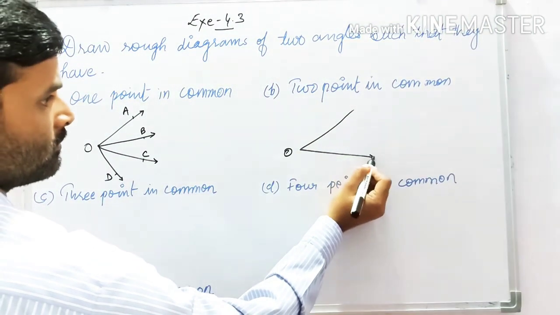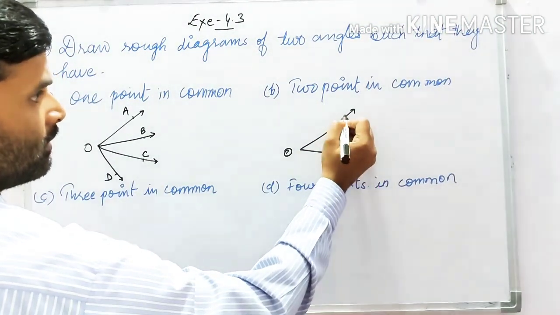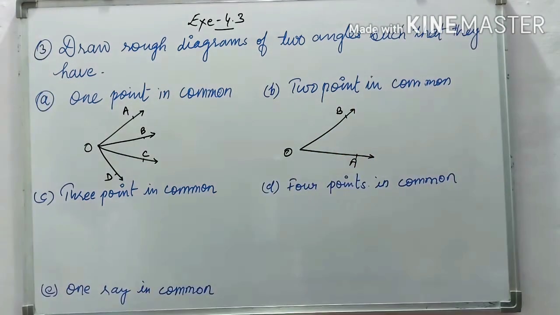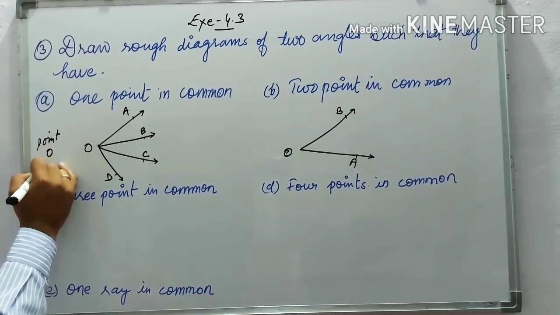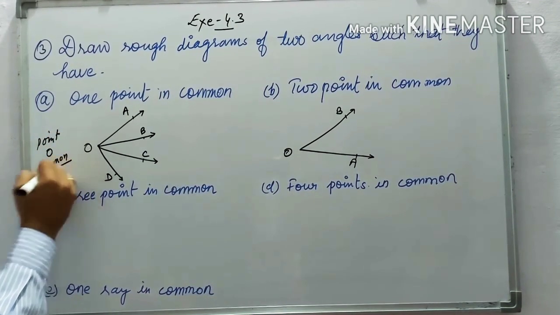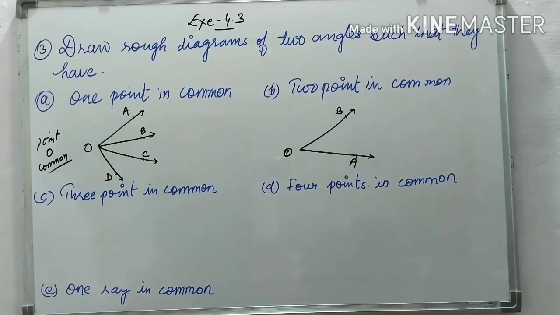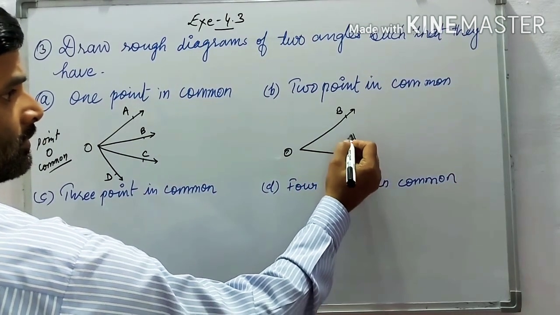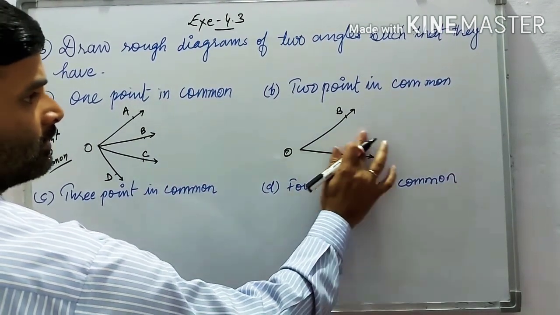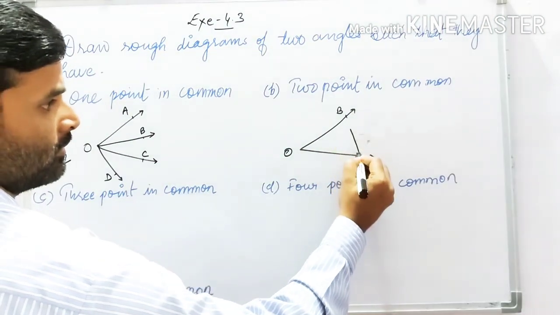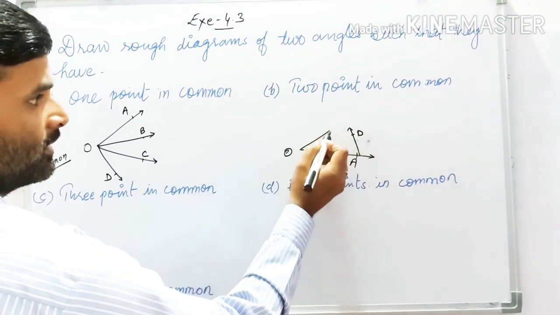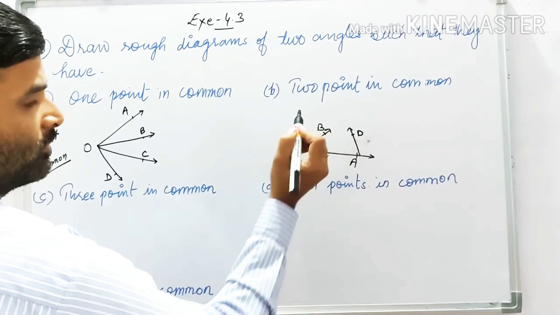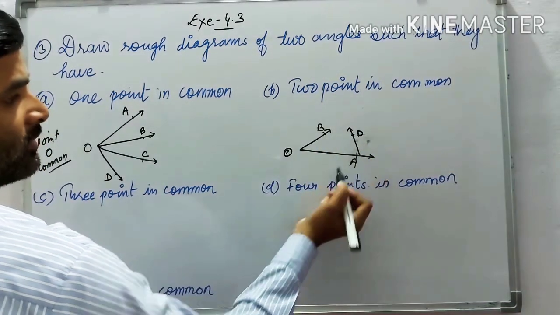Here the point O is a common point, and two angles are drawn with the points A and B and D. The two points are common.